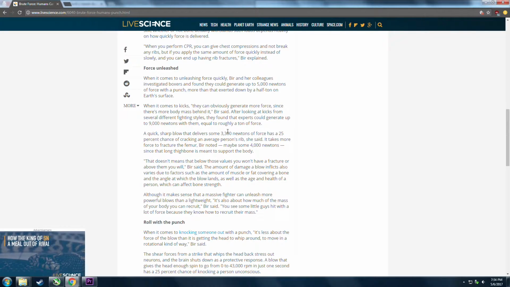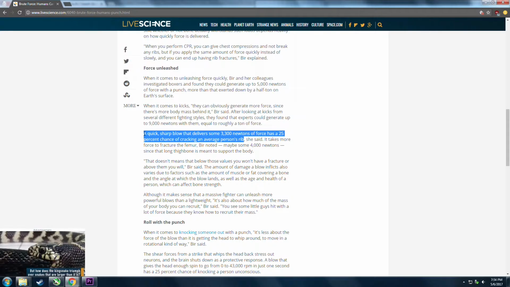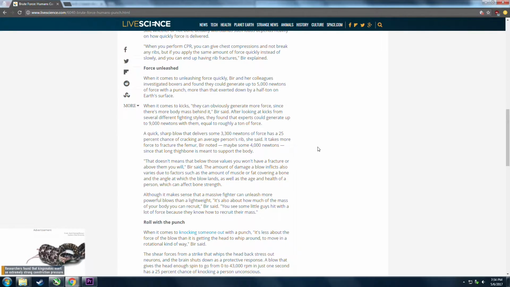It mentions that it takes 3,300 of newtons of force to give a 25% chance of cracking an average person's ribs. So I'm definitely going to avoid getting shot with this potato gun because I don't want to absorb any risk of it cracking my ribs. And if it doesn't crack any of my bones, it would probably give you a pretty nasty bruise. Like a really nasty bruise.